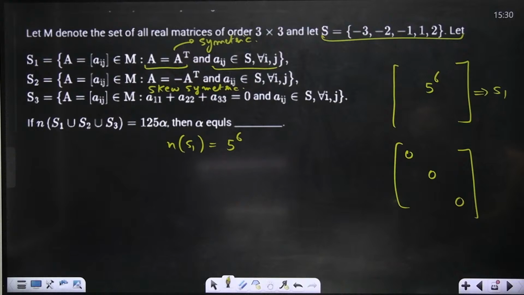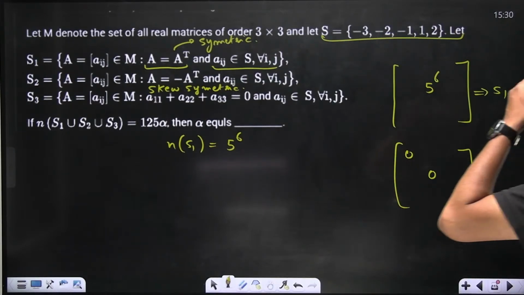For 1 there is minus 1, for 2 there is minus 2, but I think some element is missing. For 3 there should be minus 3. Don't you think so?